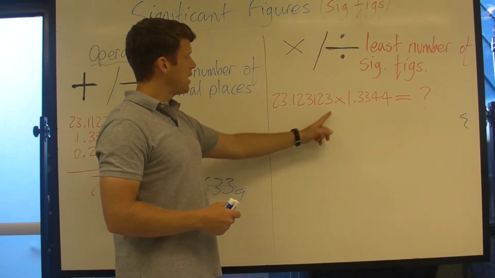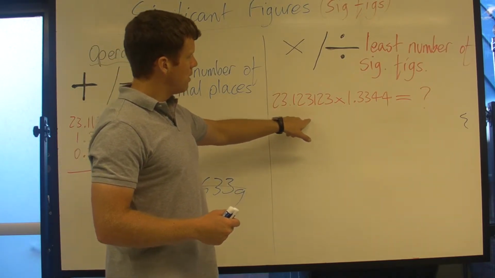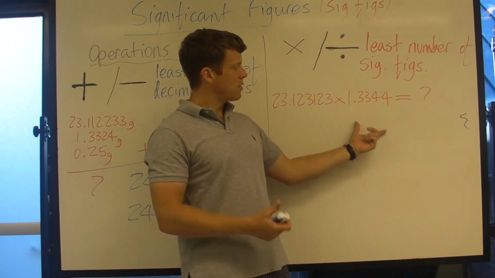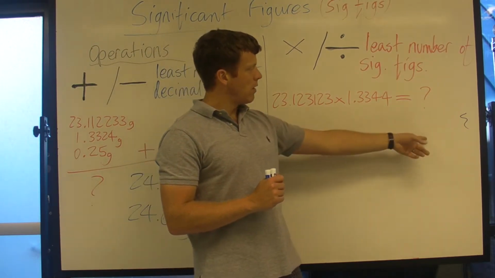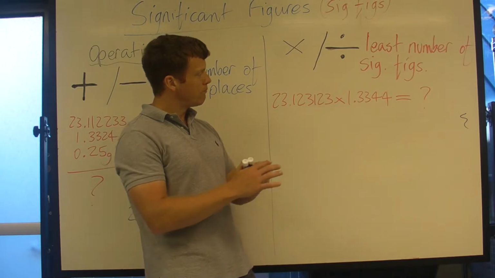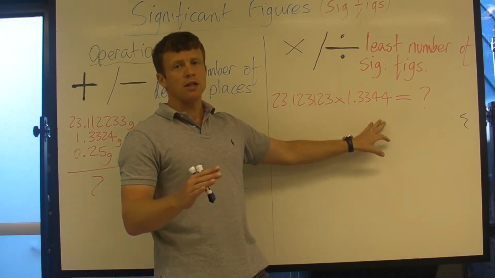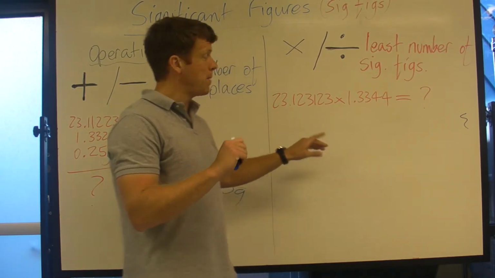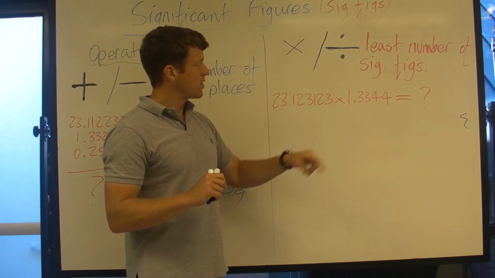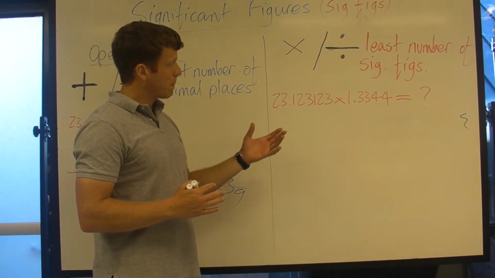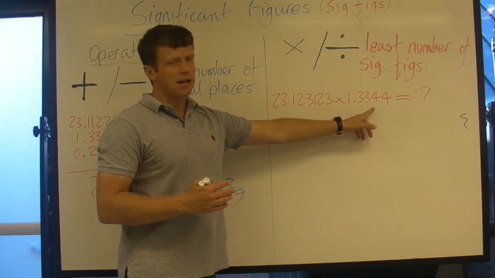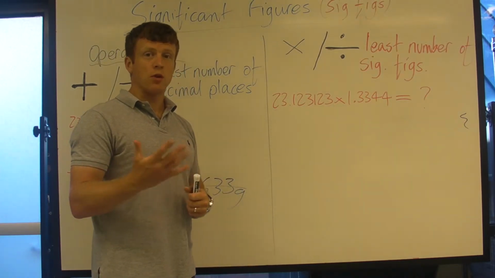But the idea here is when we put these 2 numbers in our calculator and hit enter, we're going to get a long value, but what we're going to do is round it to the least number of significant figures. So the first step here is to count how many significant figures are in the least exact number. So you don't need to do every single one.